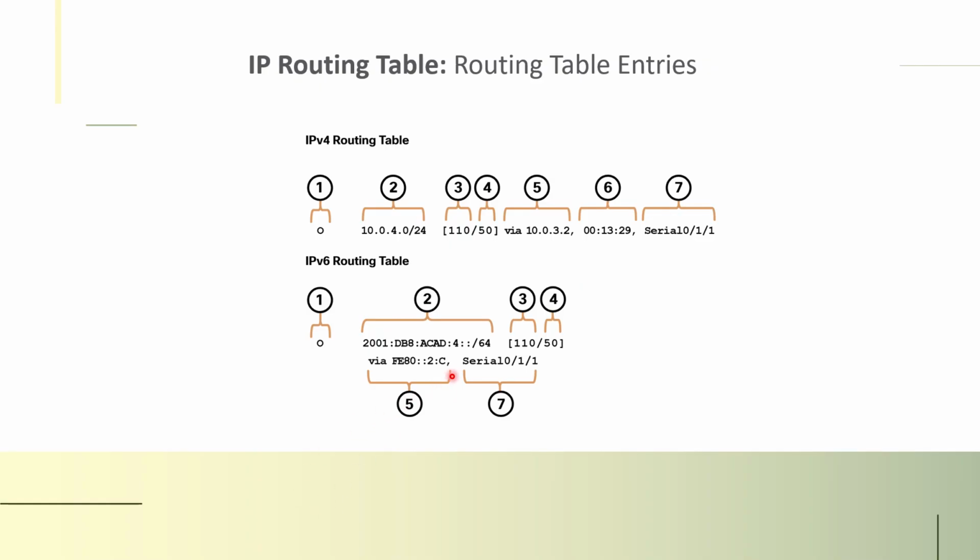The same is true for IPv6. We have the route source, the destination network address followed by the subnet mask, the administrative distance and the metric. We have the next hop and the outgoing interface.